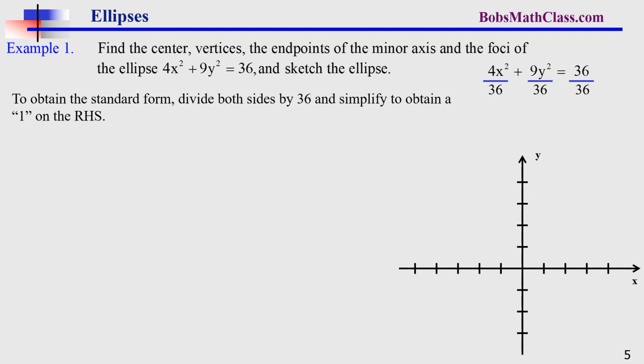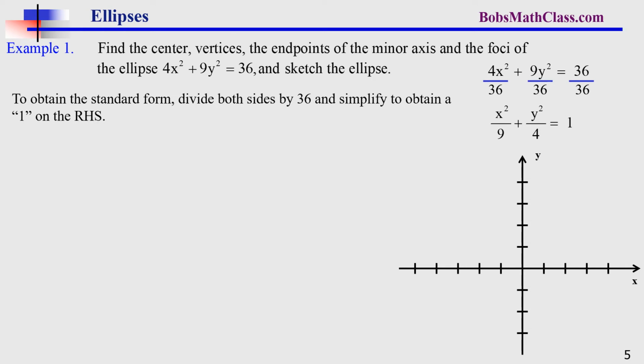Okay, now we can reduce each fraction. 4 goes into 4 once, and 4 goes into 36 9 times. And 9 goes into 9 once, and 9 goes into 36 4 times. And then 36 divided by 36 is 1. Okay, now we have standard form. x squared over 9 plus y squared over 4 equals 1.